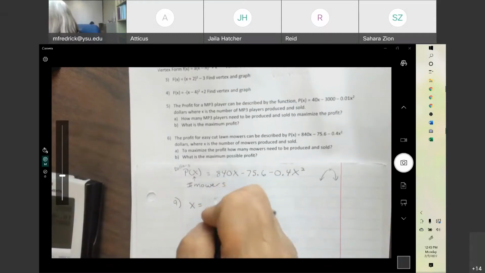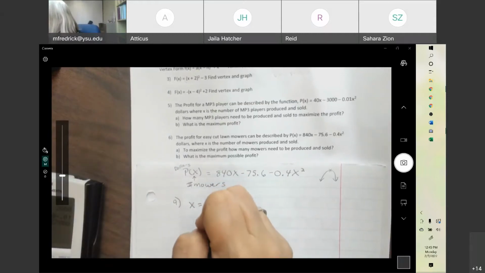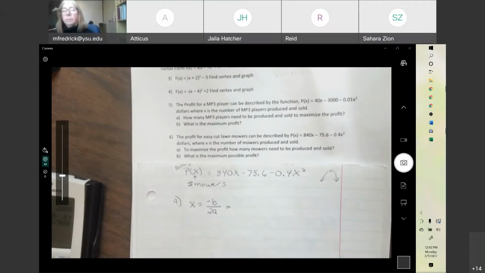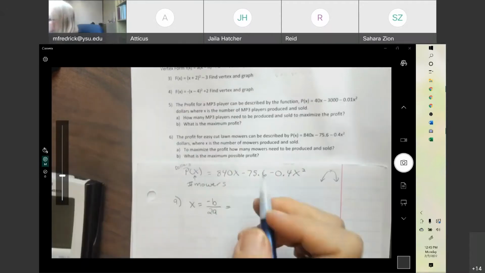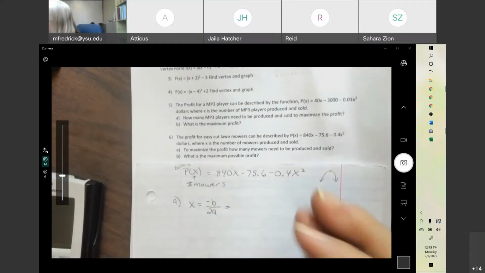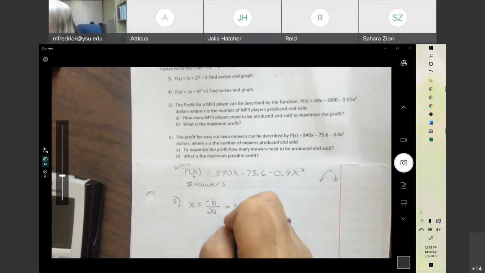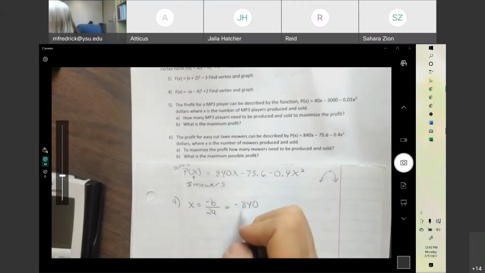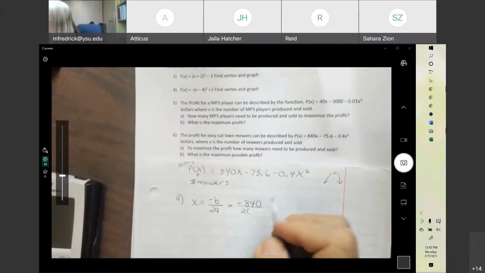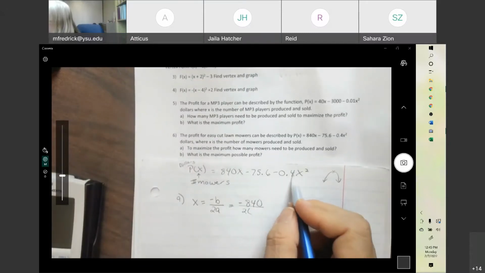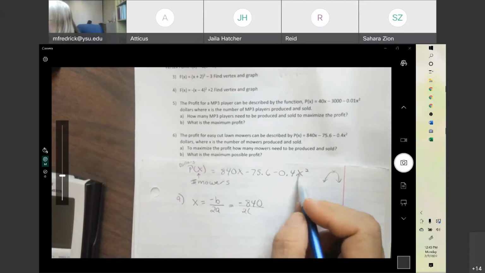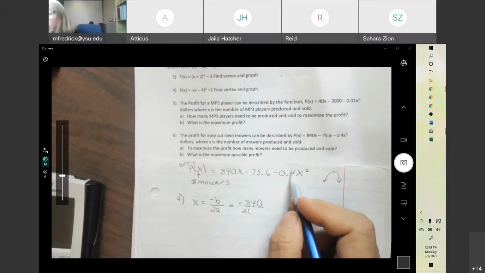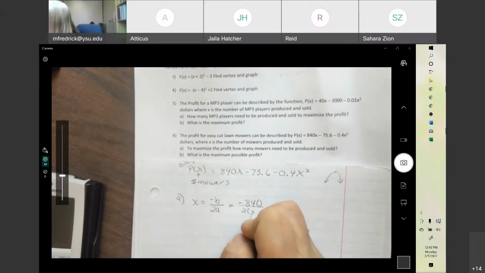To find the X value, negative B over 2A. B is with the X term, so it's the 840. Negative 840 because of negative B, over 2 times negative 0.4. Our A is a negative 0.4. It's with the squared term. So you want to be careful.